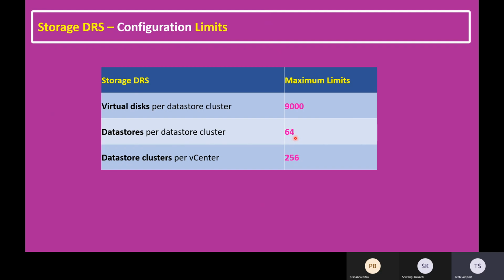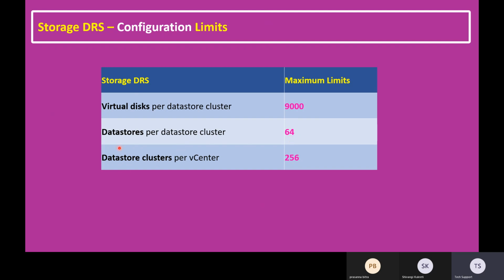It's not like the cluster host count. Normally in clusters we can add 96 ESX hosts, but from the datastore perspective, the VMware configuration maximum says only 64 datastores can be added per datastore cluster.